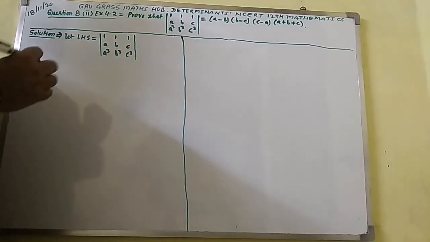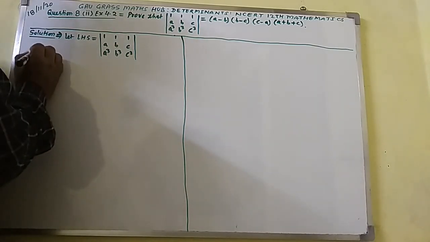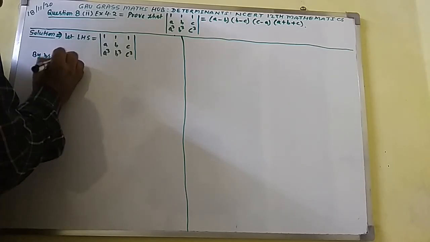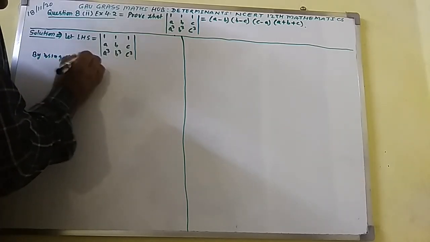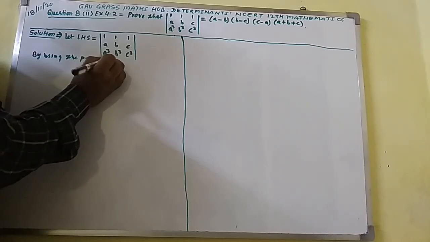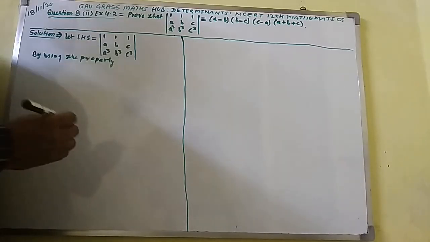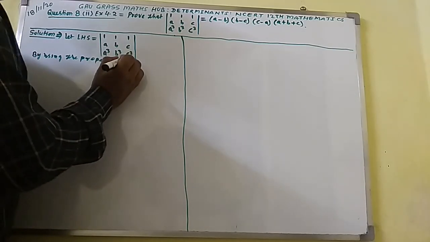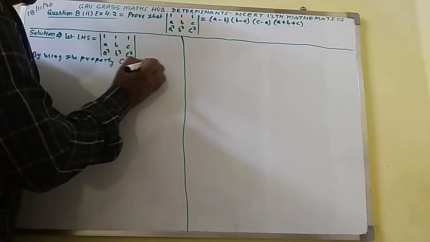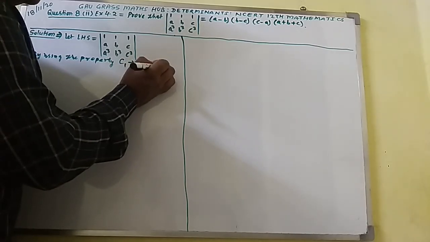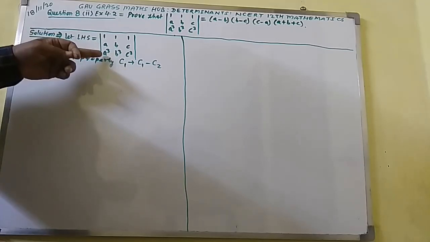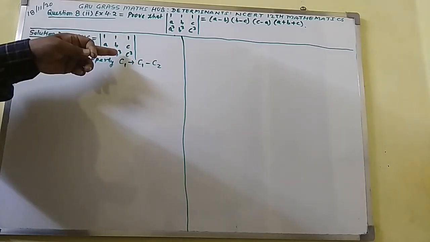So here I shall write, by using the property, C1 goes to C1 minus C2. This is C1, this is C2.